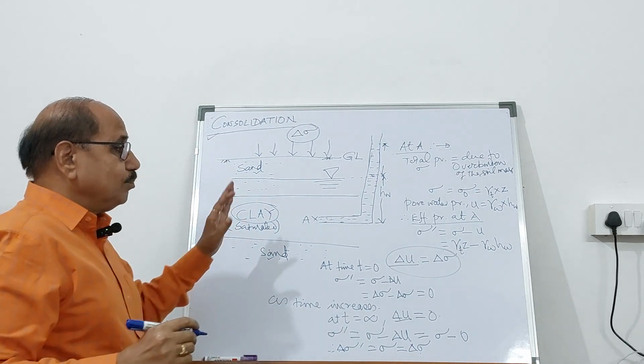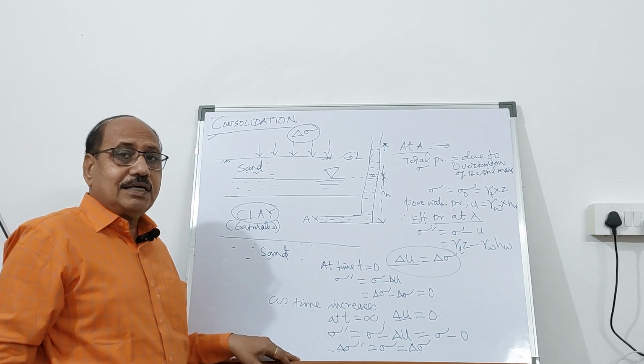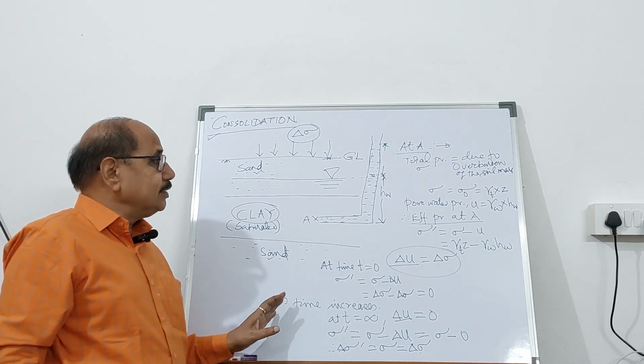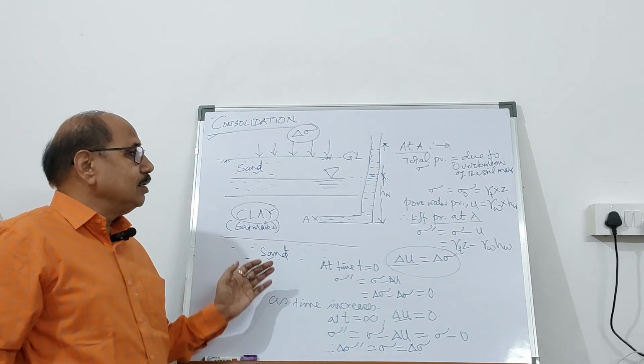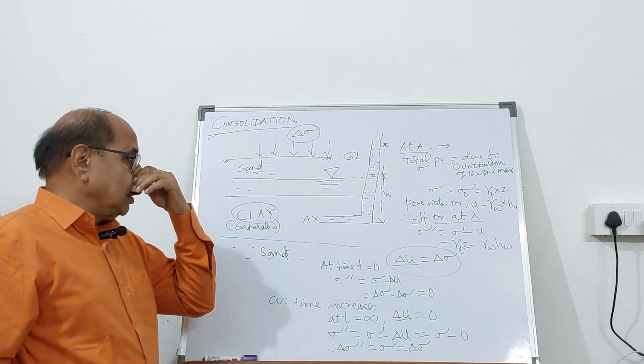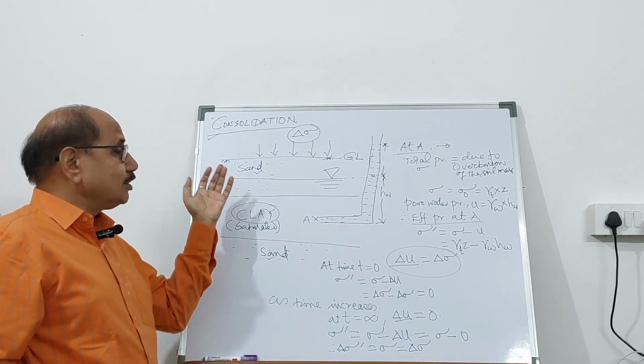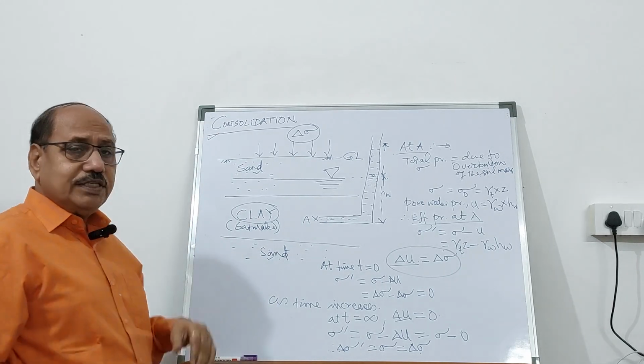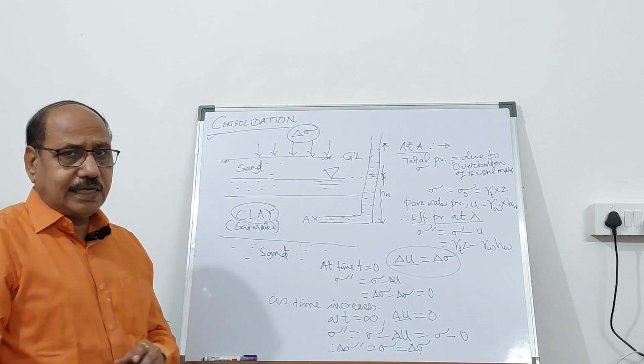It is a very important process that I wanted to highlight today. In the next video, we will talk about the important parameters that can be used to compute the consolidation settlement. Thank you very much.